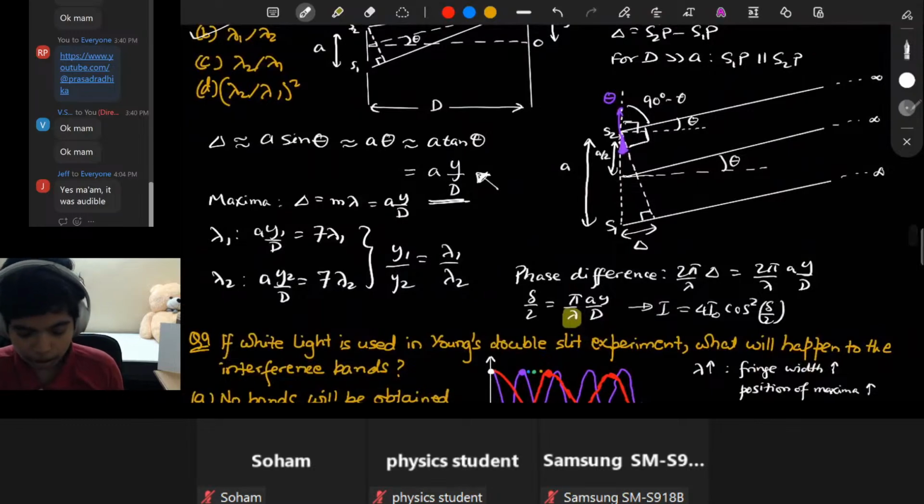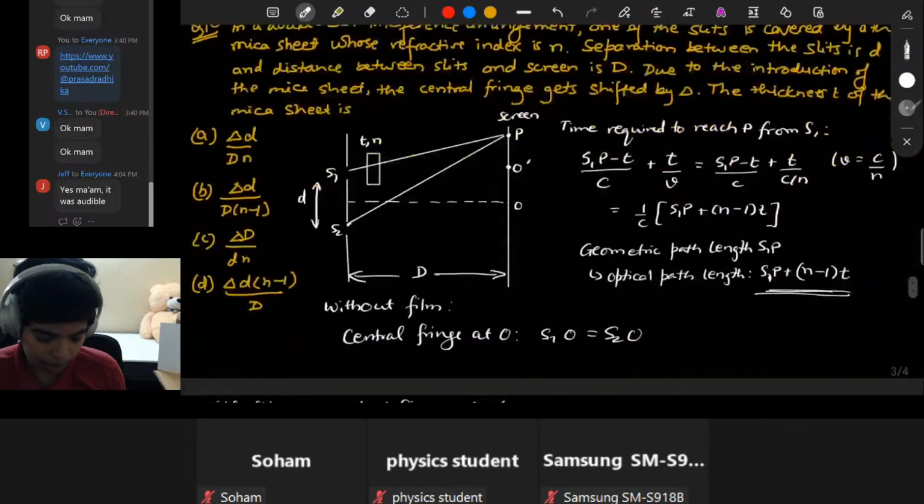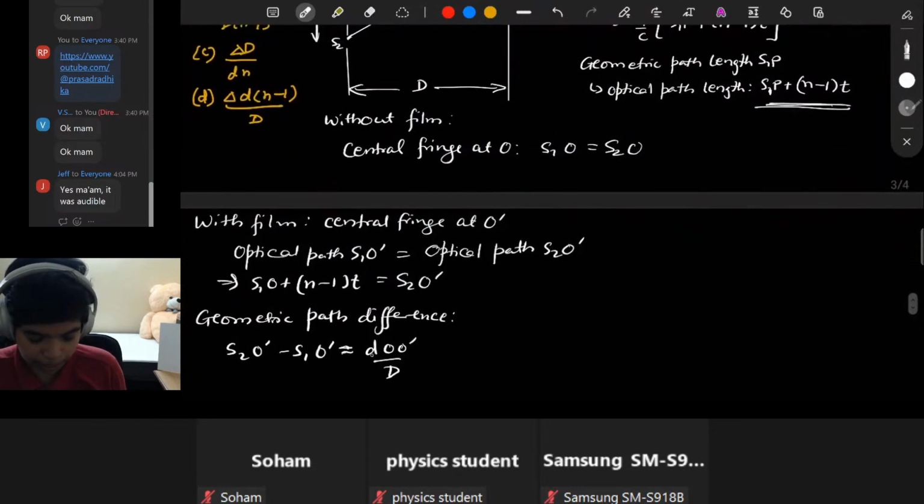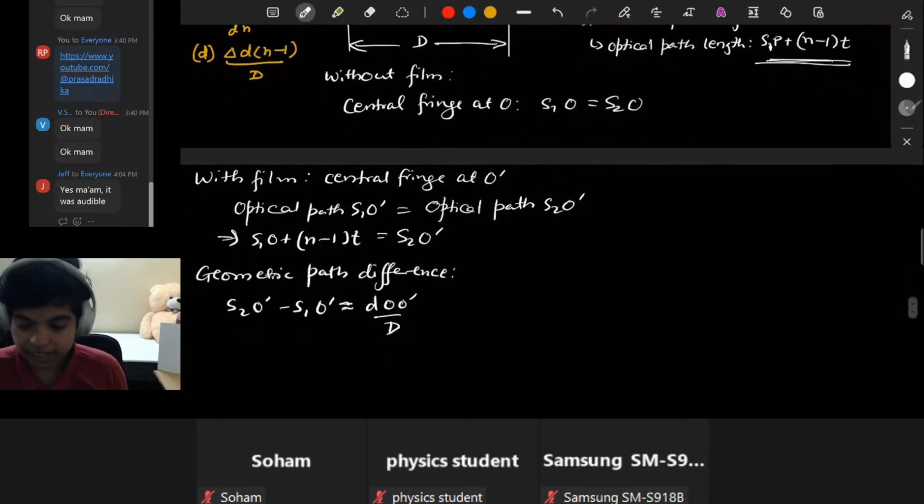That's the geometric path difference. So slit separation times distance on the screen over distance to the screen.